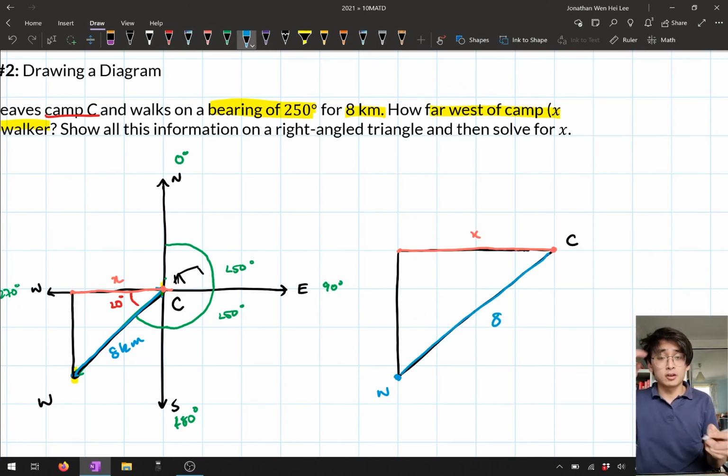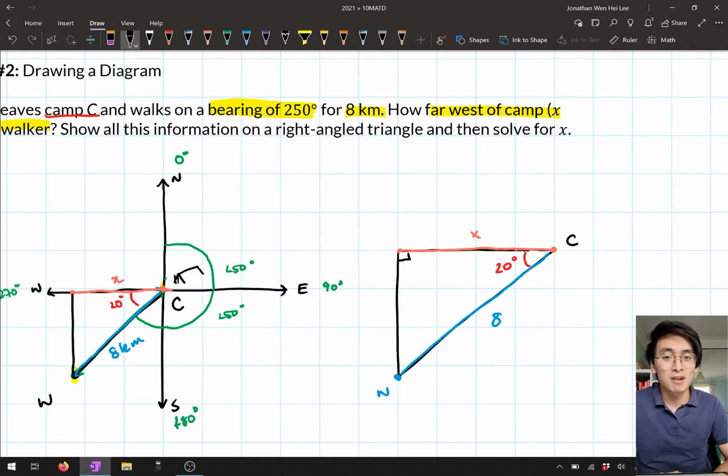The other thing we found earlier was that the angle in here is 20 degrees. From my diagram I've created this right-angled triangle, and we can use trigonometry to solve for x.